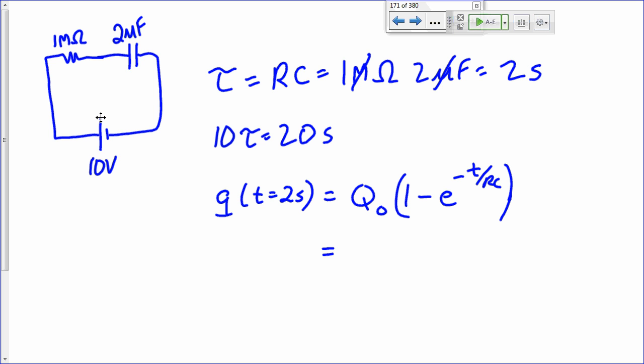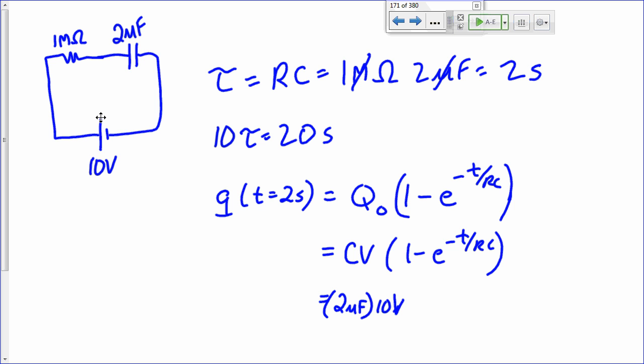Q naught we can find as C times V. C is 2 microfarads, V was 10 volts, times 1 minus e to the minus 2 seconds, which is t, over my time constant, which is also 2 seconds, so that makes it easy.